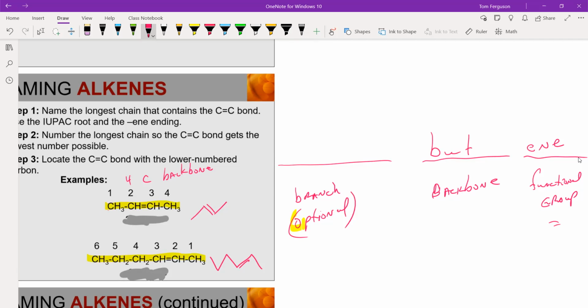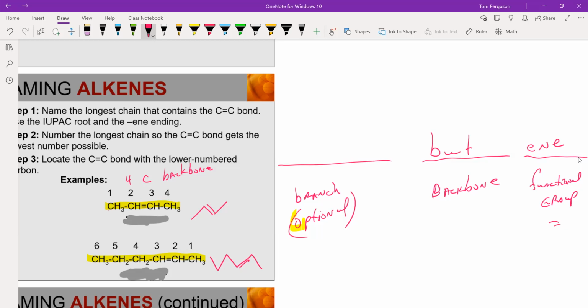In the case of a double bond, there are 2 carbons that anchor the double bond. Now, depending on which way we number this, we number from left to right like this. The first carbon that encounters a double bond is carbon number 2, and it goes to carbon number 3.